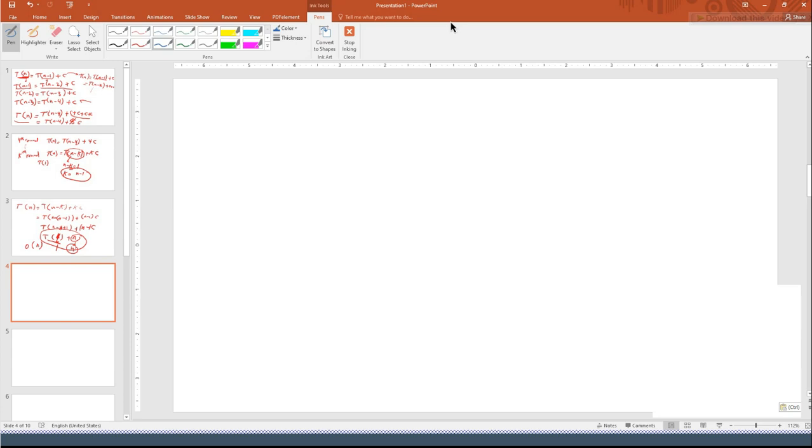Okay, good. So how do we solve such problems? Start by writing the function again, which is T(n) = 2T(n/2) + n.